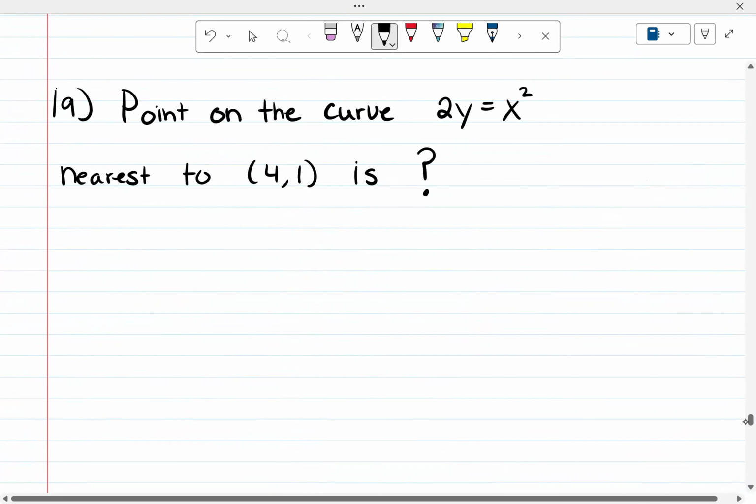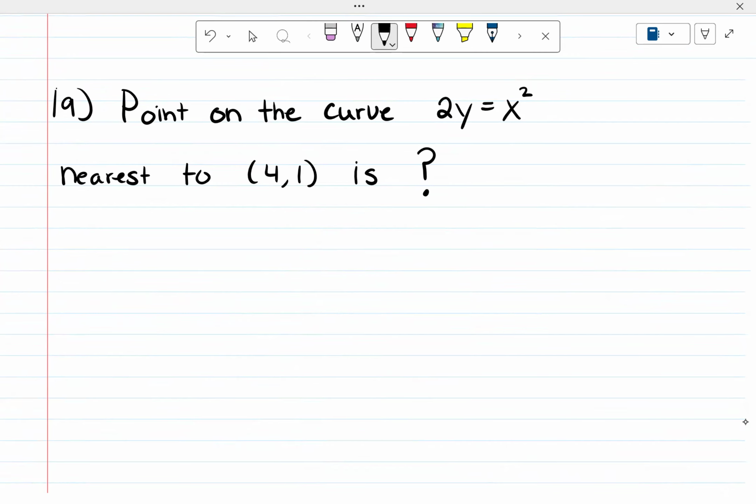Okay, 19 says the point on the curve 2y equals x squared nearest to the point 4 comma 1 is what? So what is the point on the graph of 2y equals x squared that is nearest to the point 4 comma 1? When they say that, we're going to have to use the distance formula, right?